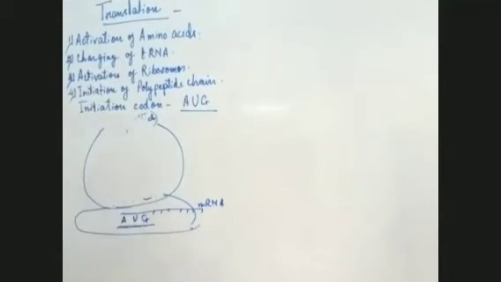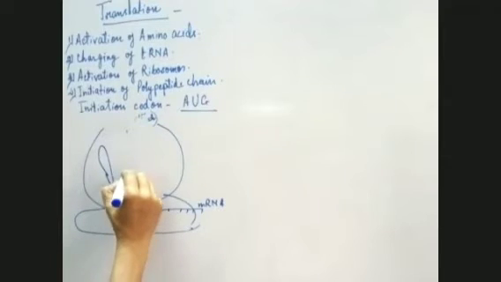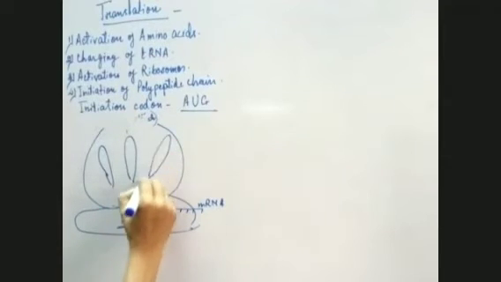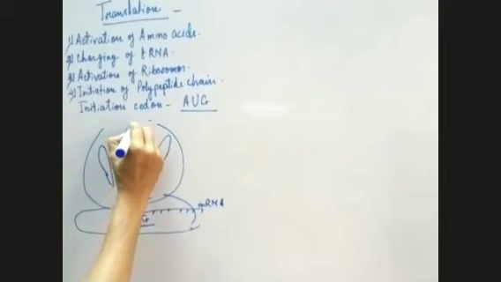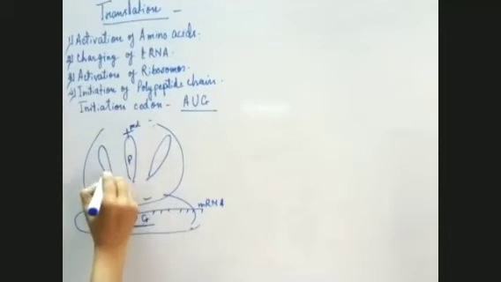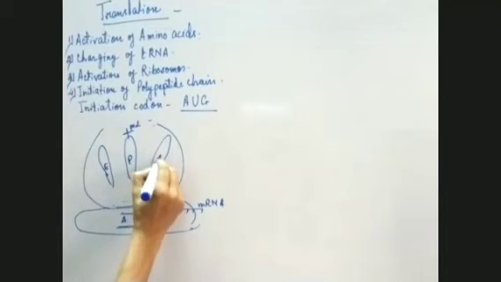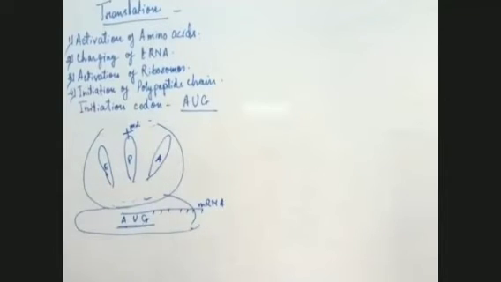There are 3 sites on the larger subunit: the E site, the P site, and the A site. So this transfer RNA, which will carry methionine, will be accepted by the P site. P site accepts the first amino acid which is carried by a transfer RNA.